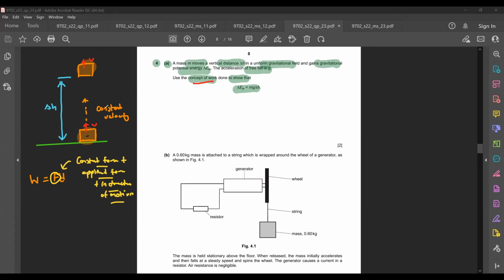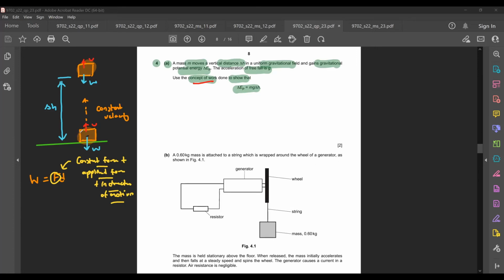Okay, so in your case, if you want to apply it to your mass that's being moved upward at constant velocity, now you consider this, your object actually had weight W. Okay, maybe I should use a different color. Your object actually had weight W in the first place. Let's just call this weight W. Now to move it up at constant velocity, that would mean that your force applied must be equal to your weight.